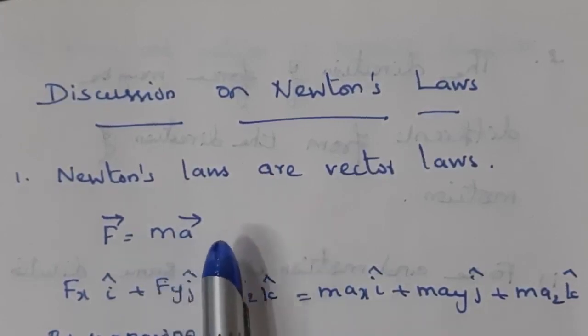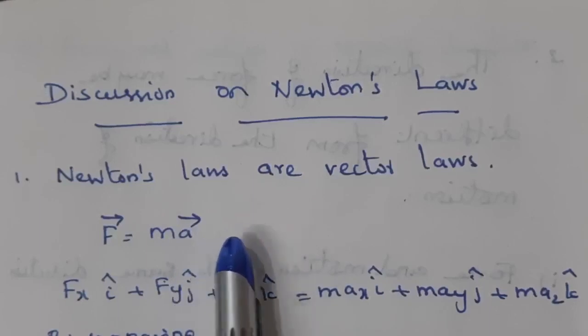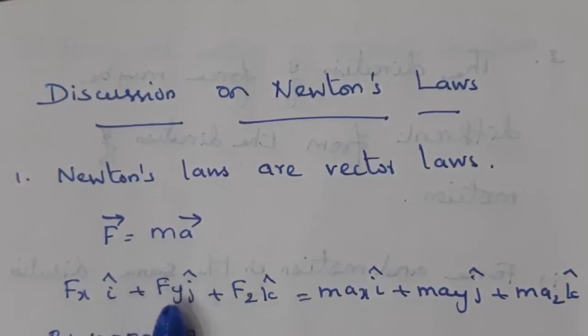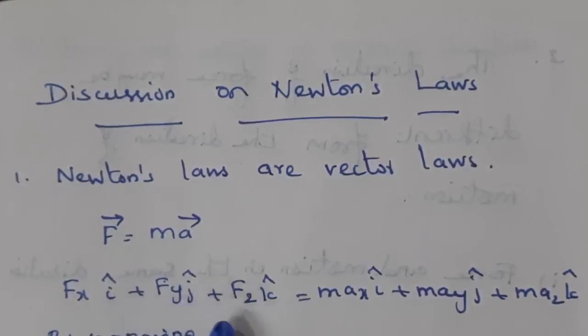In Cartesian coordinates, this equation can be written as Fx i cap plus Fy j cap plus Fz k cap is equal to m ax i cap plus m ay j cap plus m az k cap.